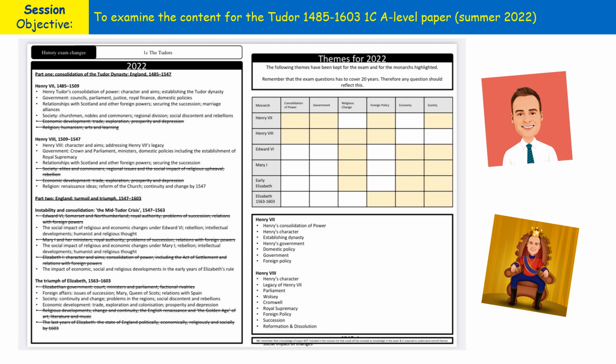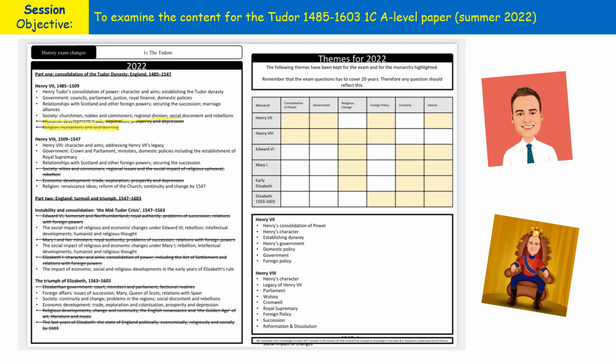So we've mentioned some of them already on the previous slide. However, if you are taking A-level history in year 12 at the moment and you're going to be doing your Tudor assessment in the summer of 2023, the topics with the lines going through them on the left-hand side, they will still be relevant for you in the summer of 2023.